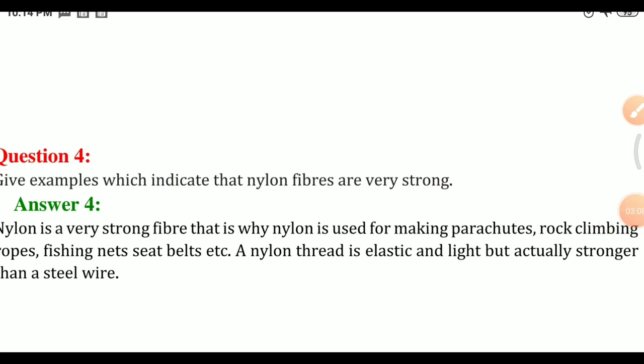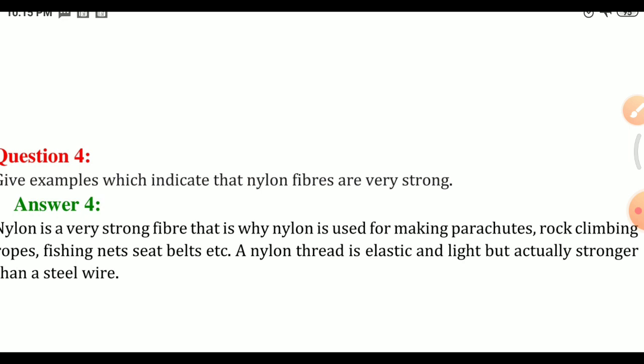Question number 4 is give examples which indicate that nylon fibers are very strong. As we know, nylon is used for making parachutes and ropes for rock climbing. So nylon thread is actually stronger than a steel wire.